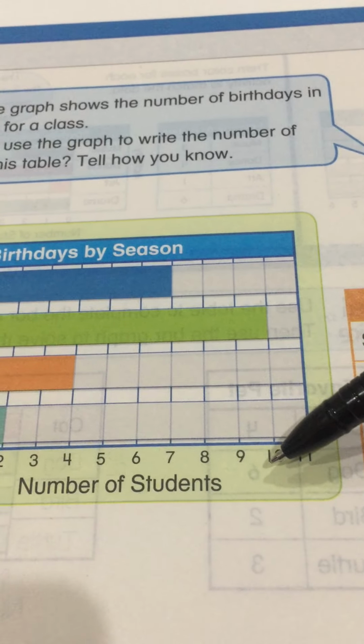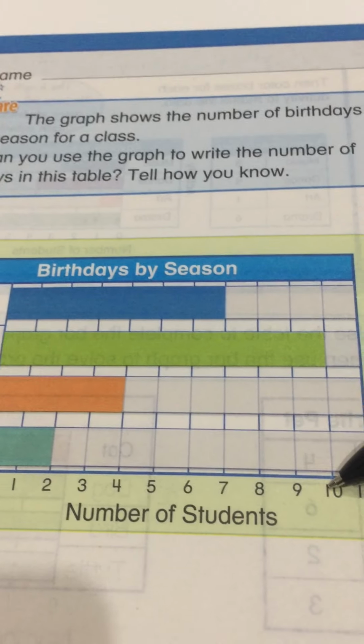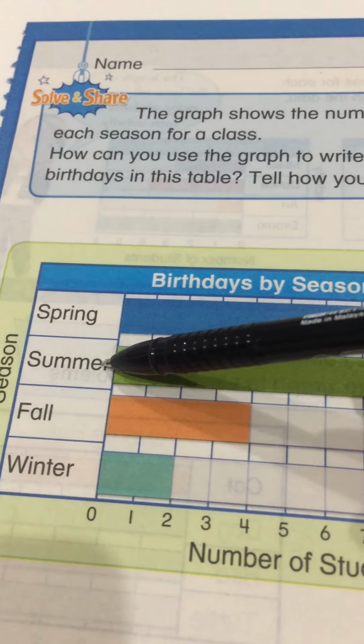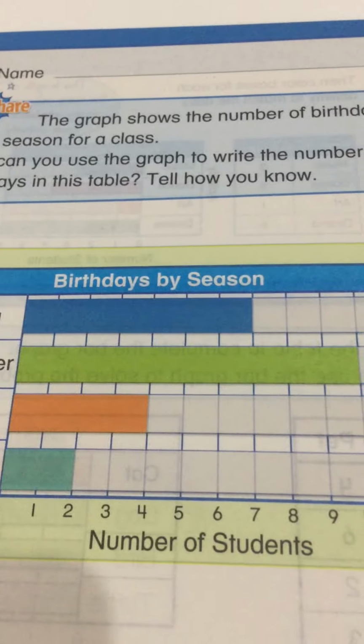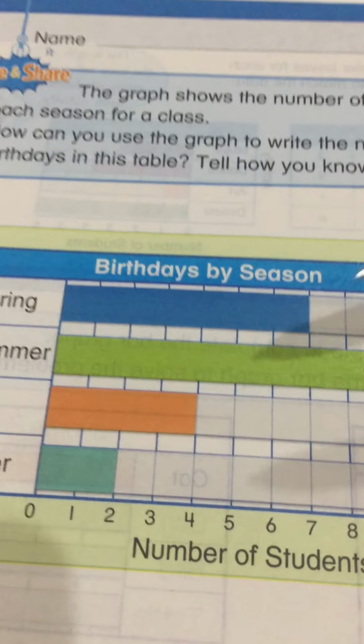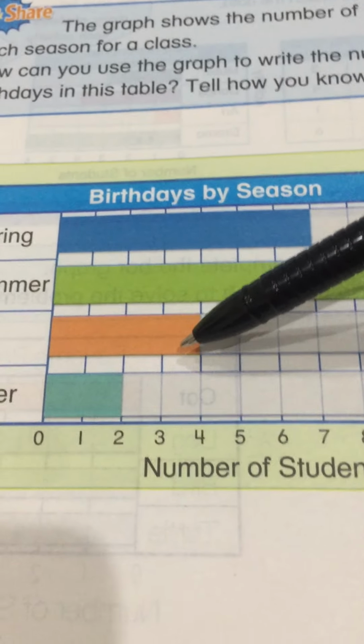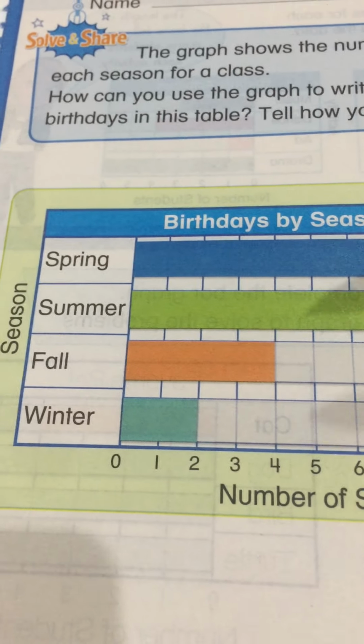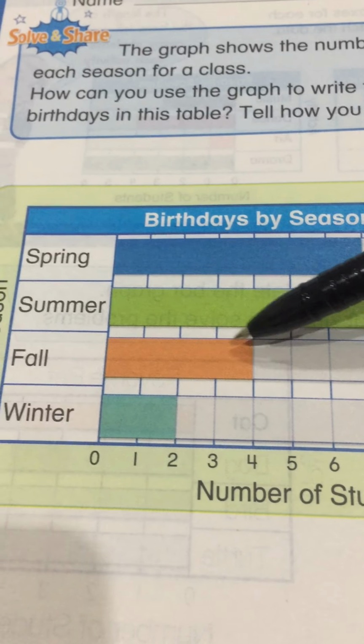That means there are 10 students having a birthday in summer. We said 10 students.